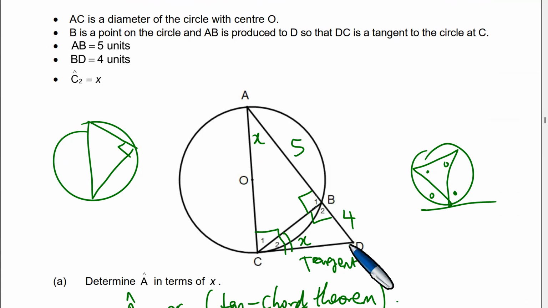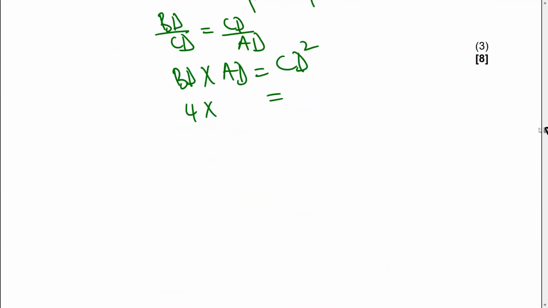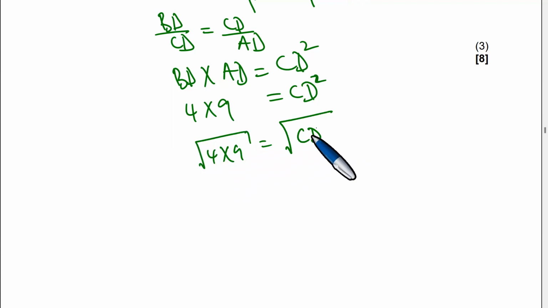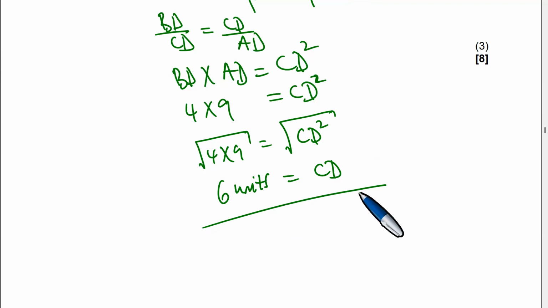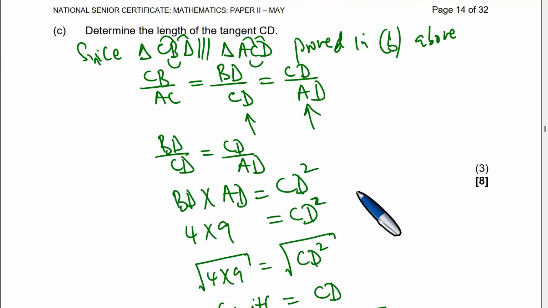AD is 5 plus 4, which is 9. So CD squared is 4 times 9, which means you have the square root of 4 times 9, which is the square root of CD squared, which is CD. So CD is 6 units.